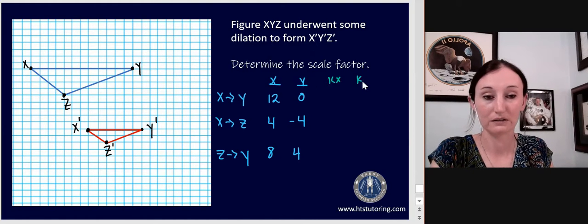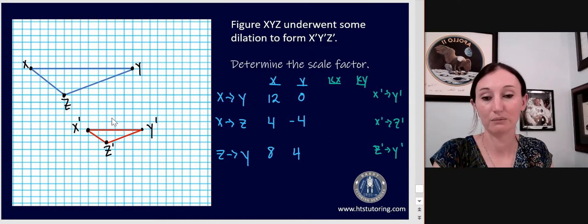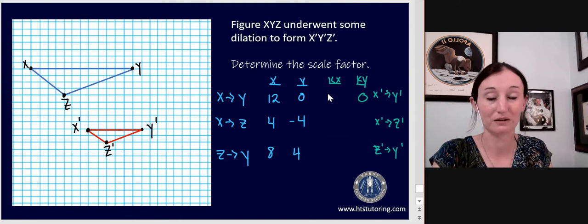So kx, ky. So now I'm going to go from x prime to y prime, x prime to z prime, to y prime. So from x prime to y prime, I'm going to go, again, 0 in the y, which makes sense. No matter what k is, multiplying by 0, we get 0.